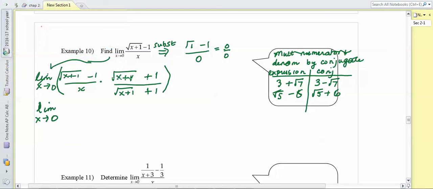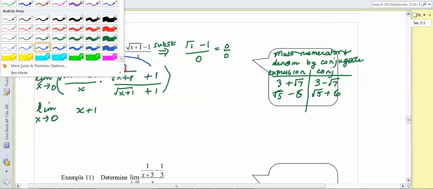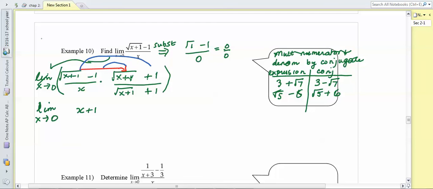Root x plus 1 times root x plus 1 is going to give me x plus 1. And then when I do the outer and the inner terms, I've got positive root x plus 1 and then minus root x plus 1. Those two cancel to give me 0. And then when I do the last terms, I'm going to get negative 1 times positive 1, which is negative 1.